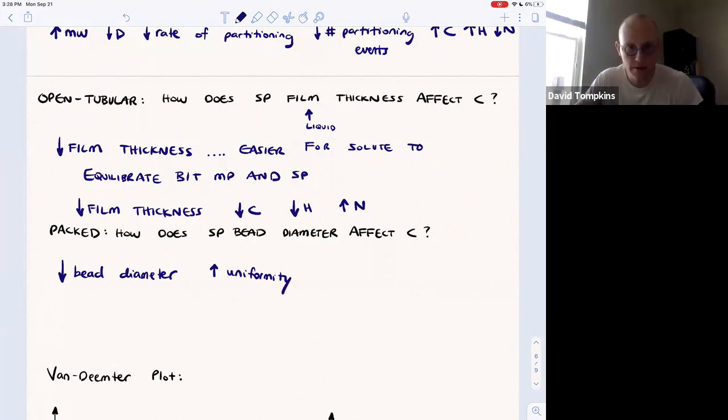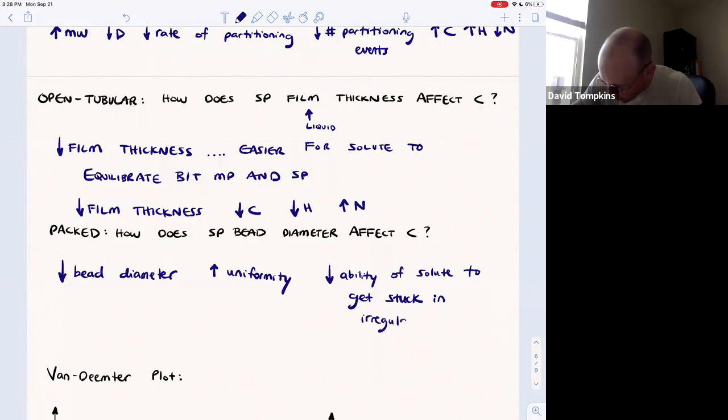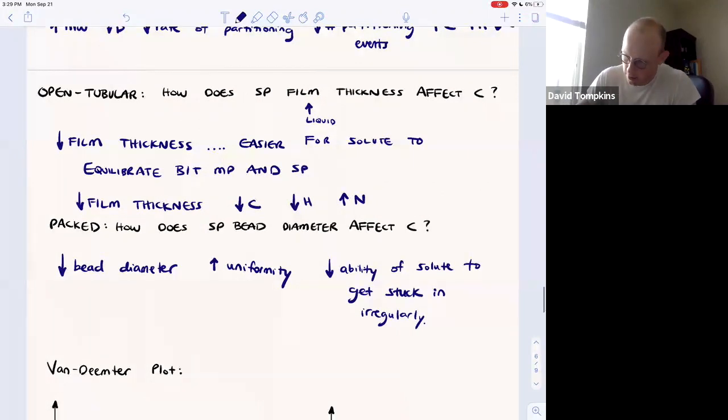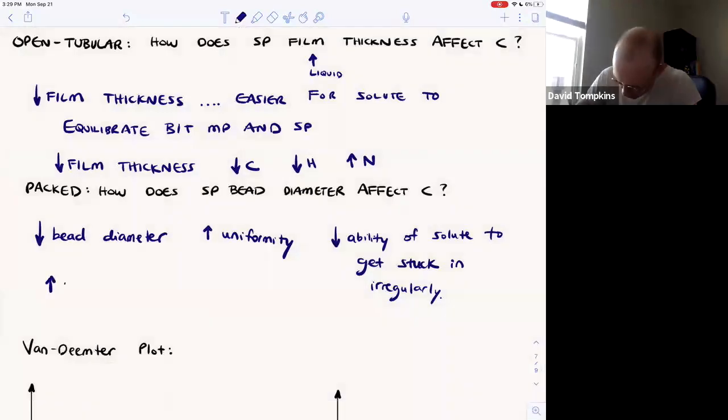And that's going to decrease the ability of solute to get stuck in the irregular parts of the stationary phase, where maybe it's sort of secluded from abundant mobile phase. There will be easier adsorption processes, or we increase the rate of absorption and partitioning back out.